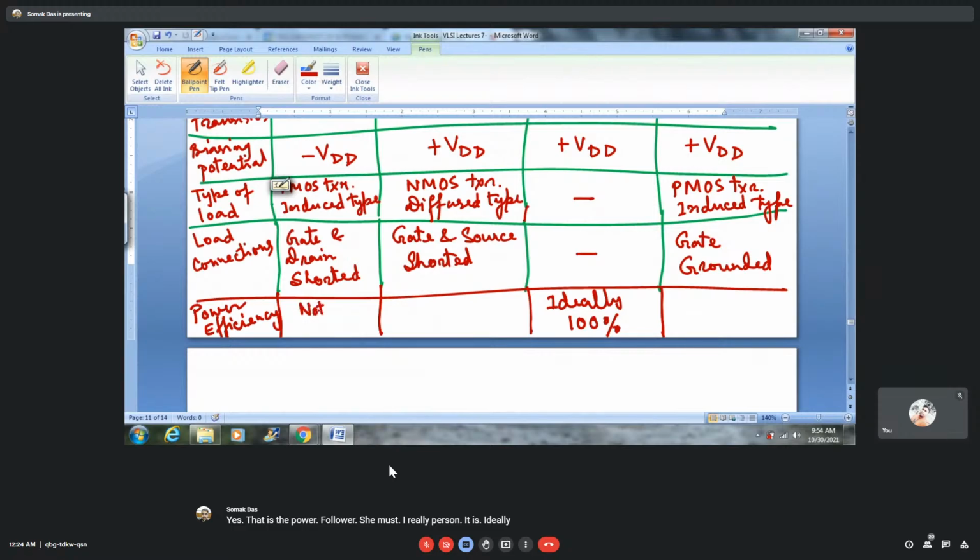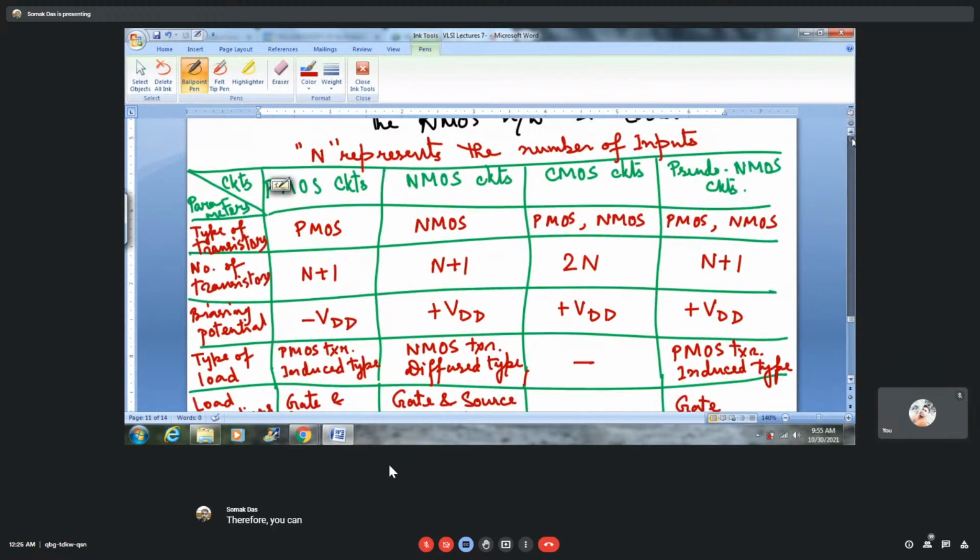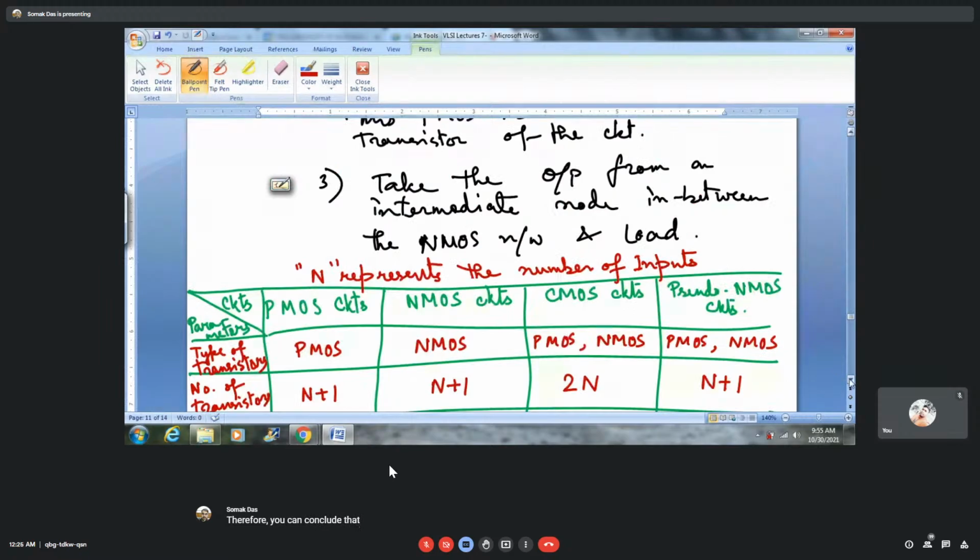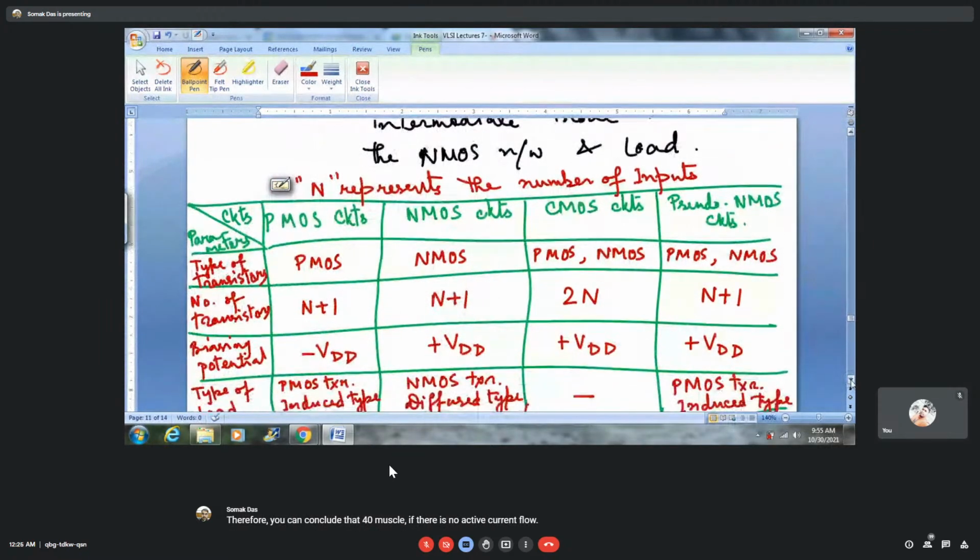Rest of the circuits, not 100%. It can differ anywhere in between. Therefore, we can conclude that for CMOS circuit, there is no active current flow through the circuit.